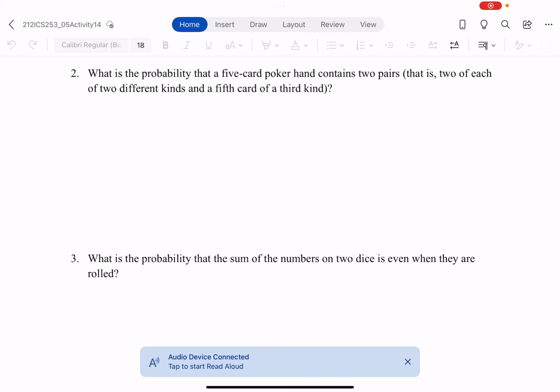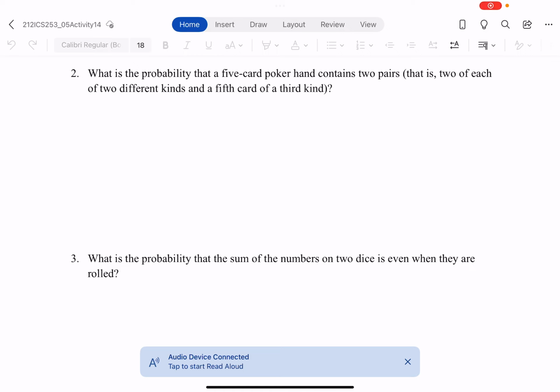After 13 choose 2, you take the last card. It's 48 choose 1. No, wrong. First we chose the kinds, 13 choose 2, then we need to choose 2 cards from each of these kinds: 4 choose 2 multiplied by 4 choose 2.